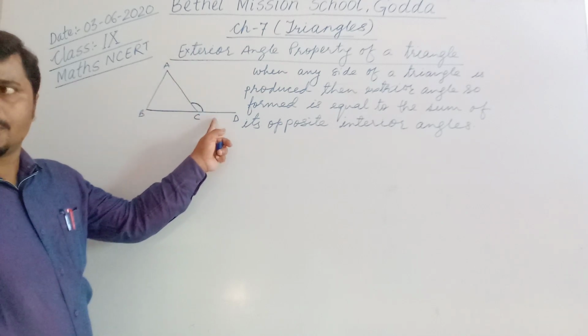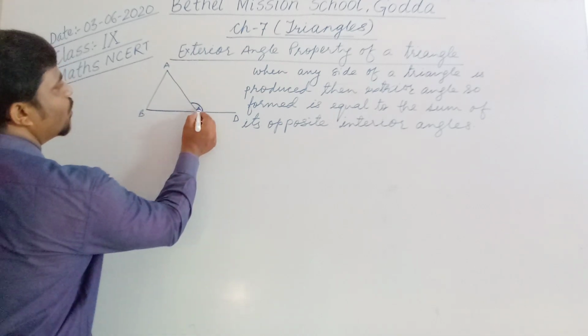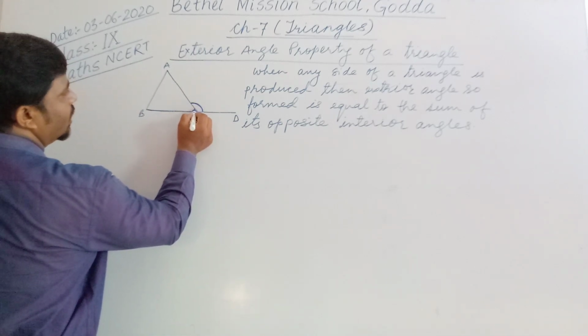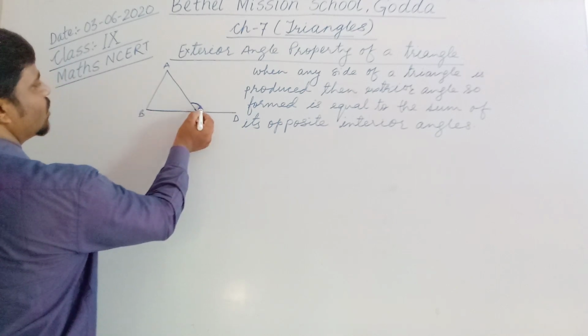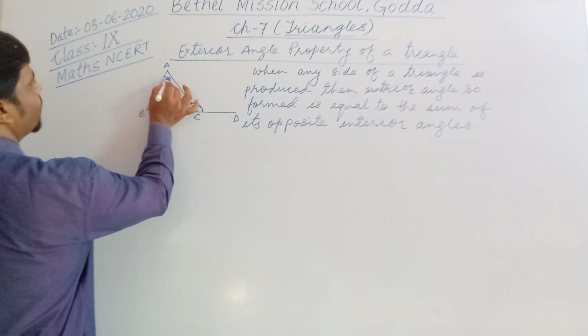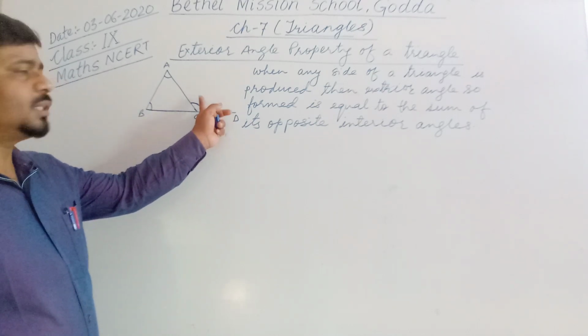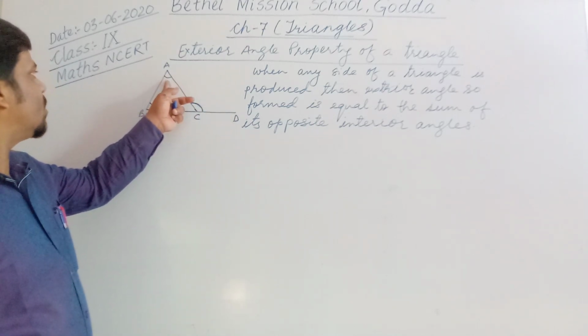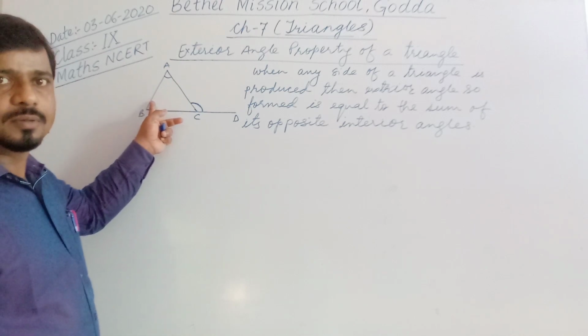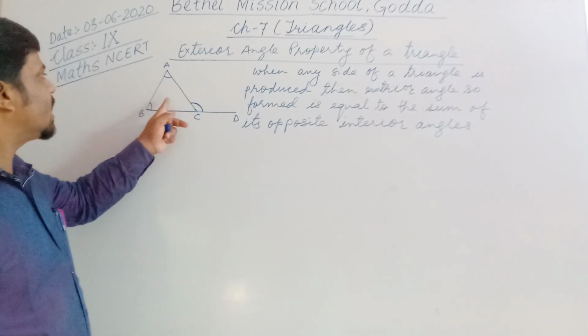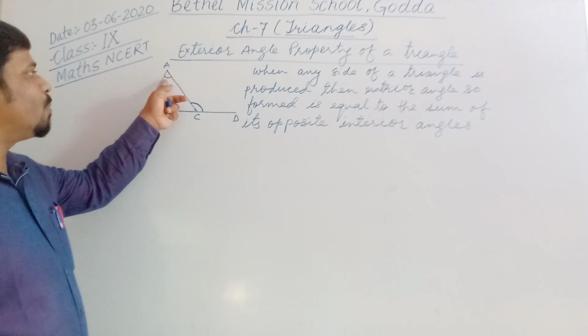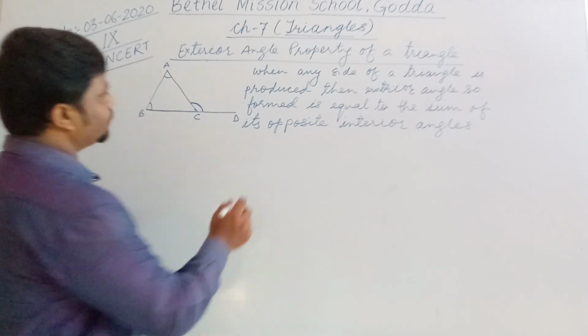Exterior angle is ACD, and its opposite interior angles are this one and this one. So the value of this angle will be equal to the sum of this angle and this angle, because these two angles are opposite interior angles.